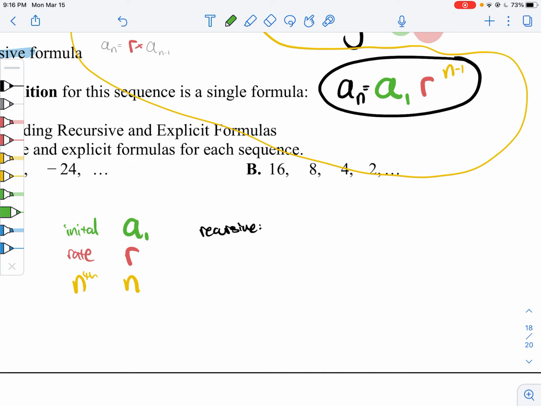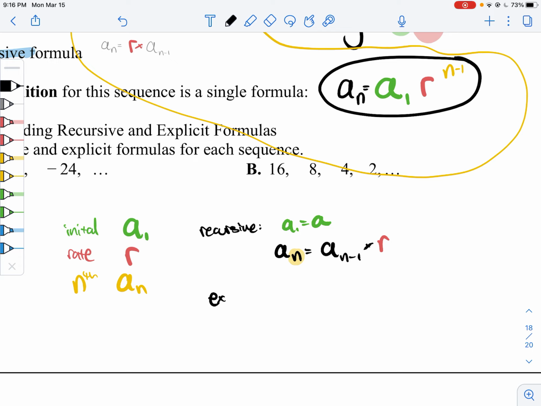Recursive says, okay, we'll say that a1 equals whatever it is, some number, and then a sub n is going to be equal to a sub n minus 1 times r. If we want to find the term, that's a sub n, the nth term. So that's recursive.